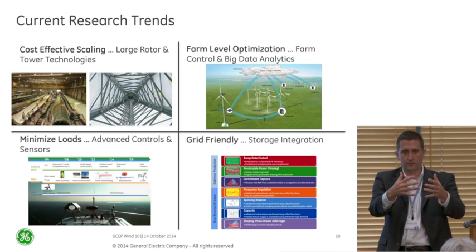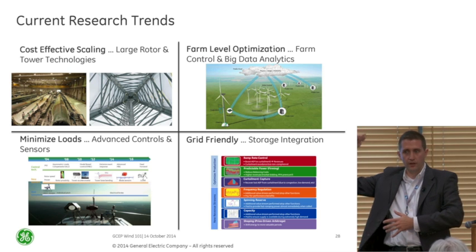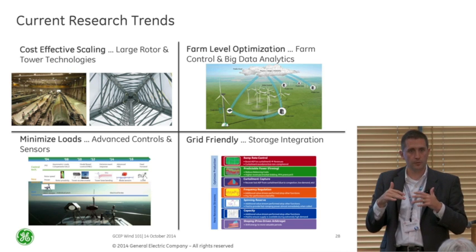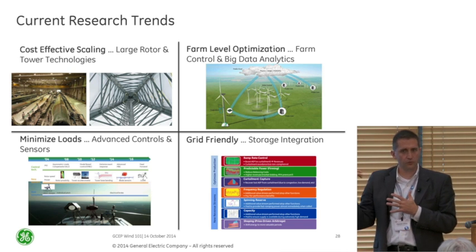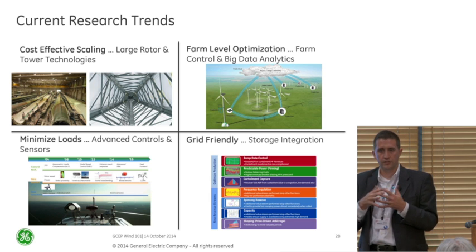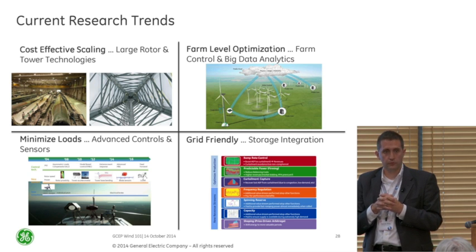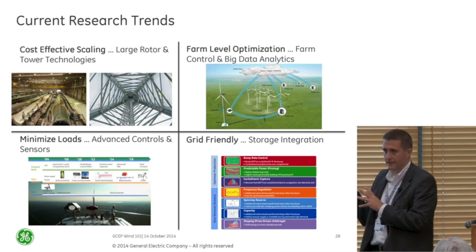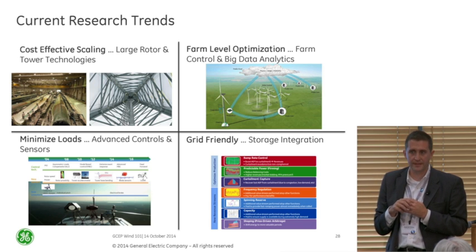Should I tell if one of the upcoming turbines sees a gust, should it tell the one downstream so I can manage it a little bit better and reduce the loads? So there's a lot of work going on in terms of how do you manage across the farm really smartly. And the analytical push now and the big data kind of push is really at the forefront of this piece.